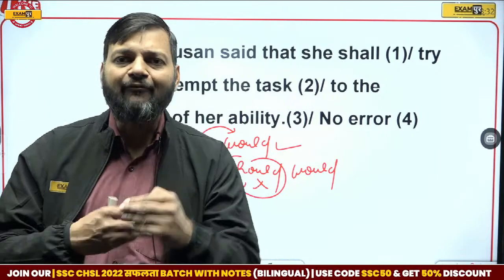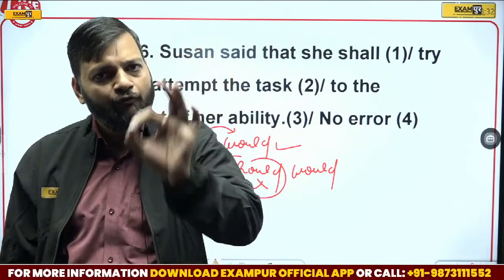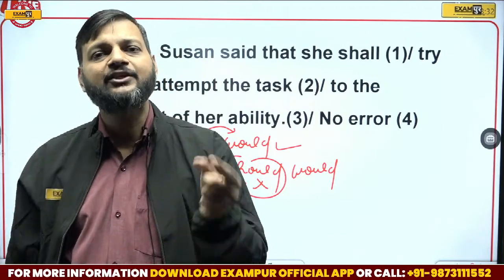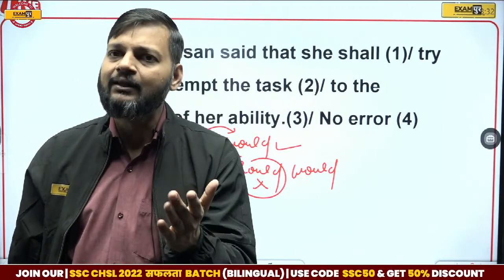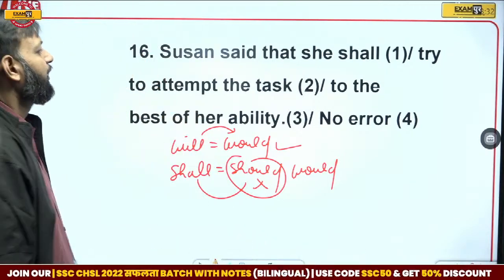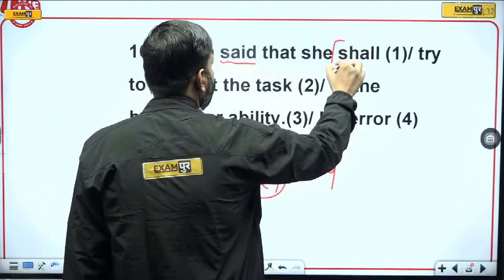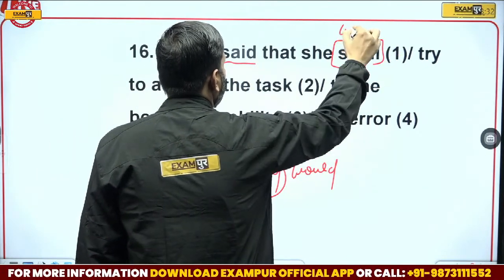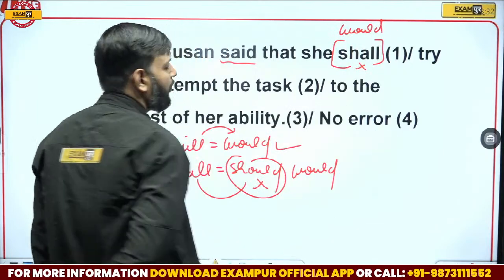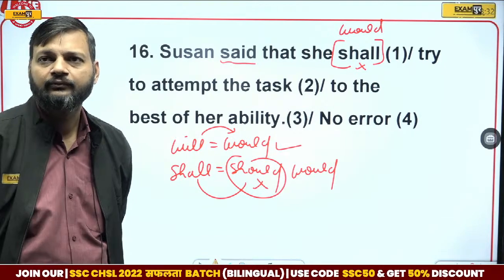So when we have to change shall into past, it should be changed into would, not should, because if we change shall into should, it will still be in present, but we have to change it into past. So here said is in past, that's why shall will be changed into would.